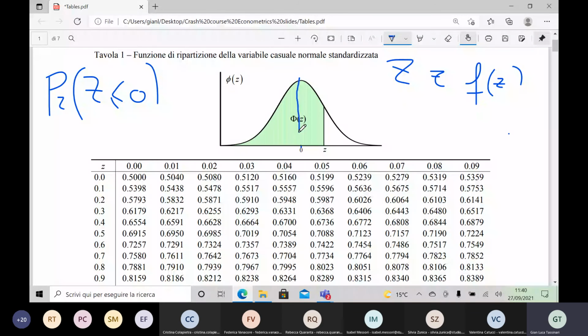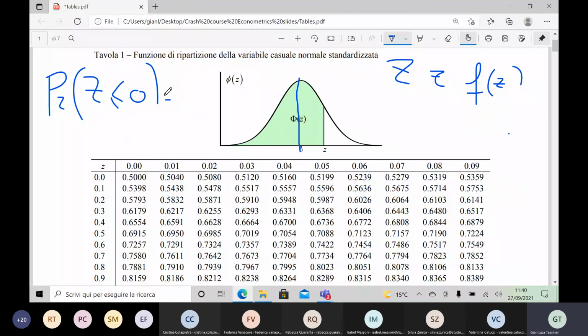You must know this by yourself. I told you the standard normal is symmetric around the mean, so the area on the left is equal to the area on the right. But what is the total area? It's 1. So 1 over 2 is 0.5. Exactly.